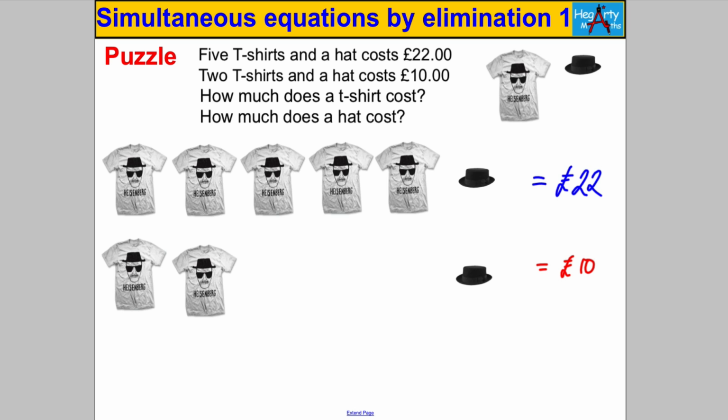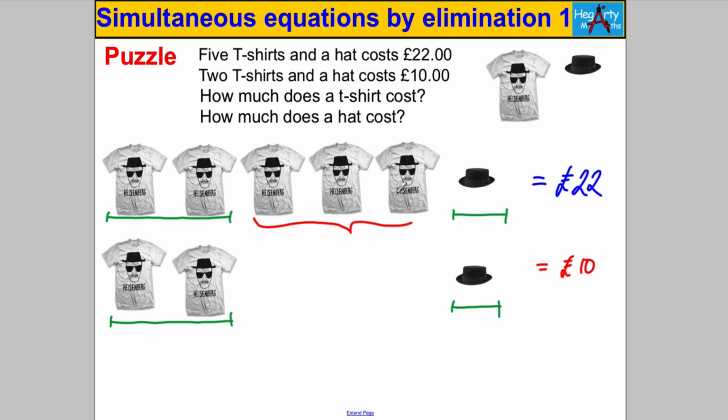Well, it helps me because I know 2 t-shirts and a hat cost £10. So these 2 t-shirts in this picture and this hat must be £10, mustn't they, together? So because all of this adds up to 22, the only difference between this line and this line are the 3 t-shirts.